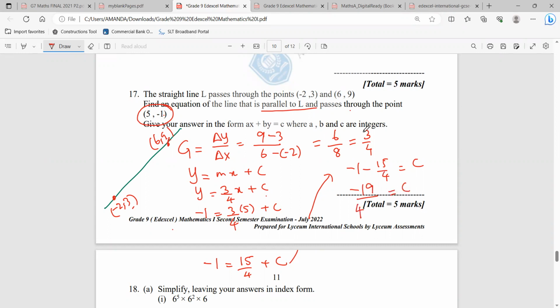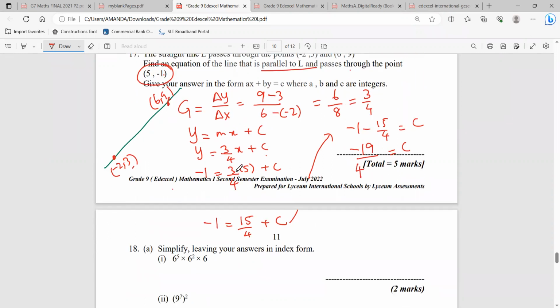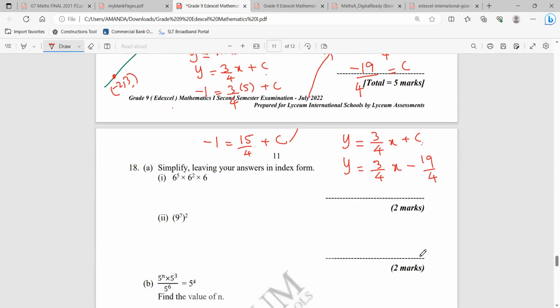Right, so we have the gradient and we have the y-intercept. Now it's a matter of putting them into y equals mx plus c. So y equals 3 over 4 x minus 19 over 4.